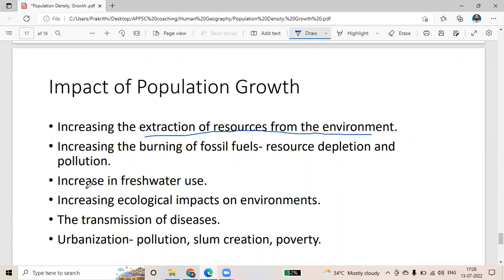Then increasing the demand of fresh water for drinking, fresh water for agriculture, fresh water for domestic purpose. तो ये सब हमारे लिए चाहिए. So we will extract it, over exploitation of fresh water. Then increasing ecological impact on environment. So that relates mainly with pollution.